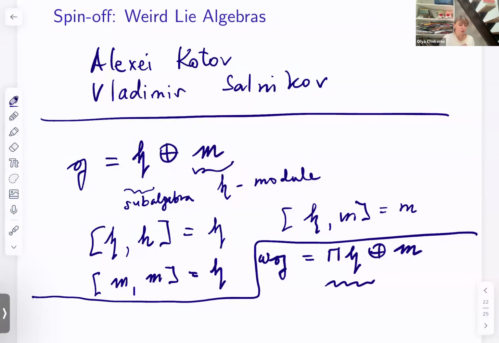The commutators still work, so there is some additional structure needed. We are still working on that, but this looks like an interesting example, especially taking into consideration that if we take this weird example and shift the parity of all the subalgebras and shift the parity of the bracket, we obtain a super algebra.